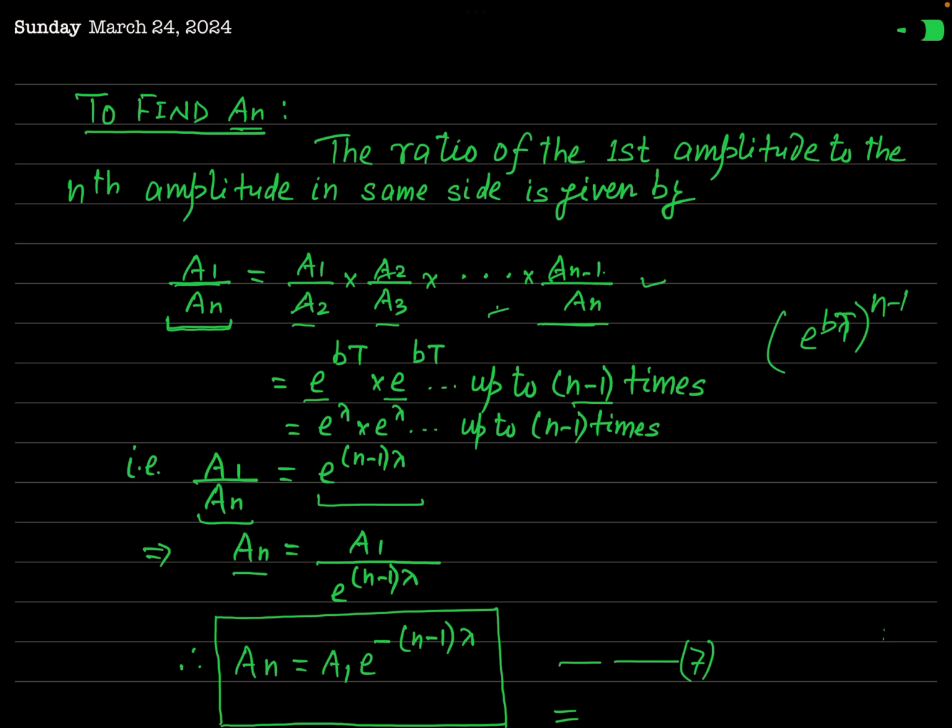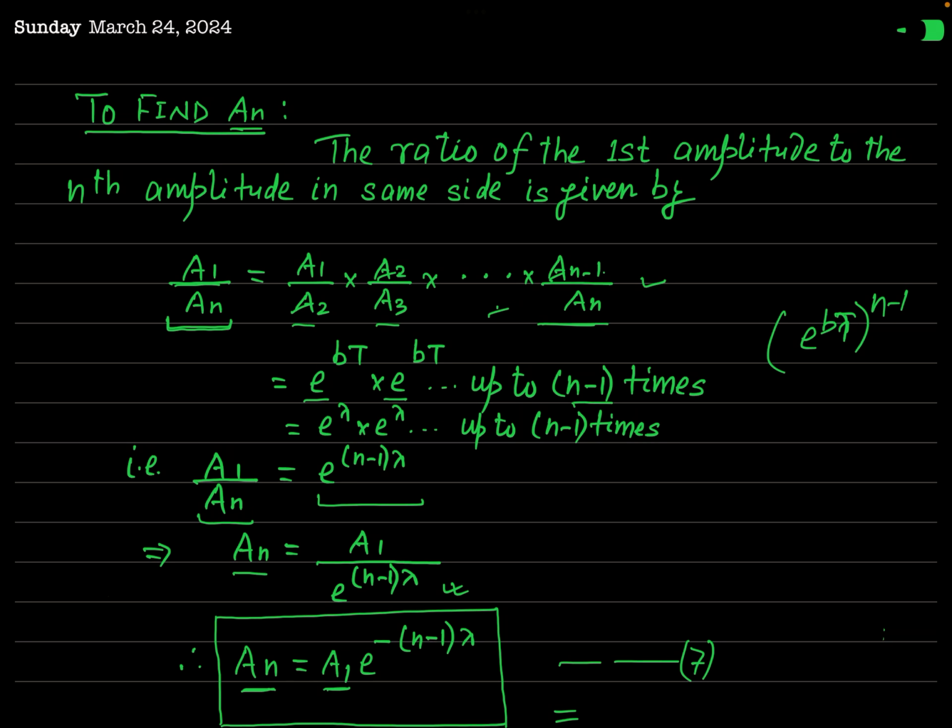And so you can say what will be An? An will be A1 divided by e to the power n minus 1 lambda. And so you can write An equal to A1 e to the power minus n minus 1 into lambda. So again you can see, knowing the value of the amplitude after first throw of the oscillator, that is A1, we can easily find what will be its amplitude in nth throw.